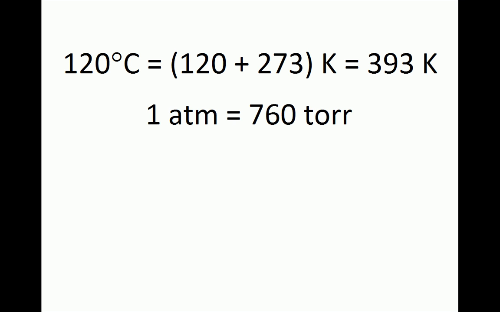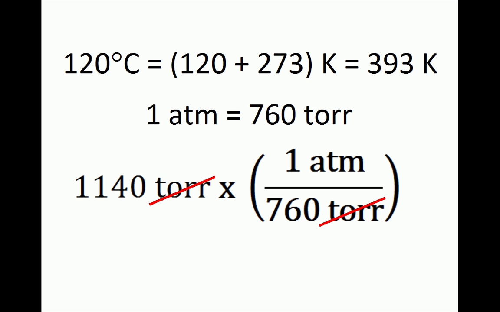We start with our given of 1140 torr and multiply by a fraction composed of both terms and the conversion factor arranged so that torr will cancel and only atmospheres remain, for a total of 1.5 atmospheres.